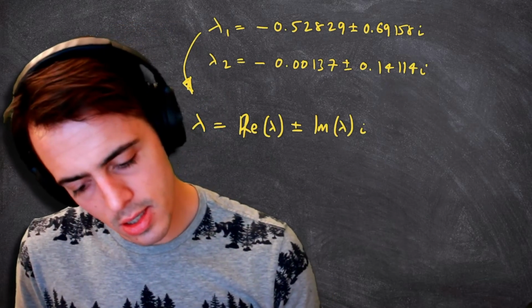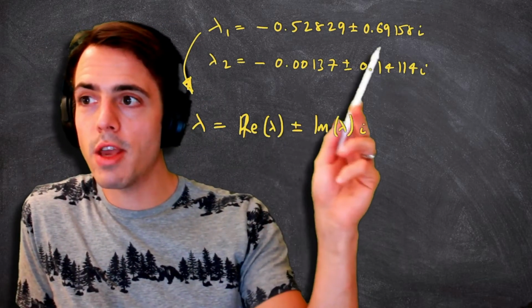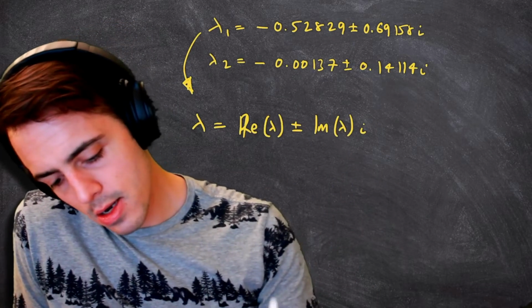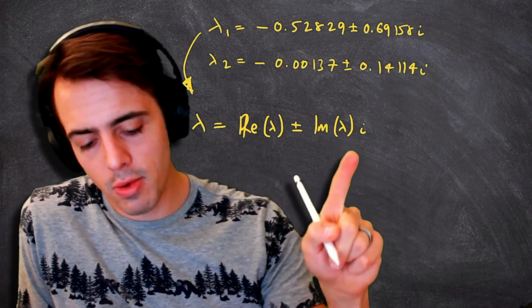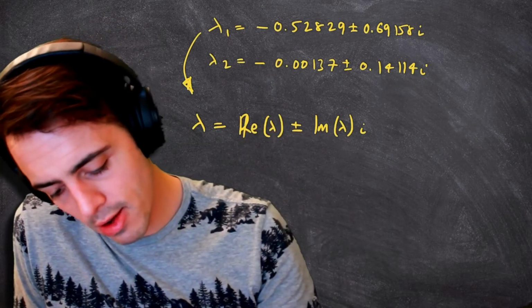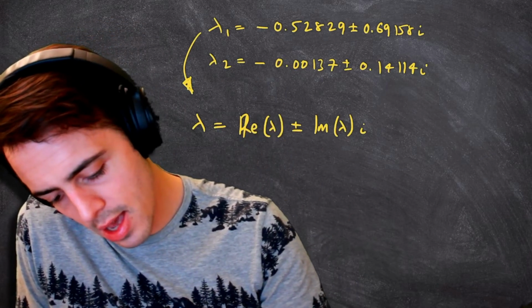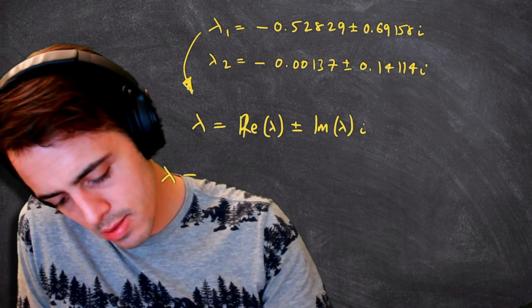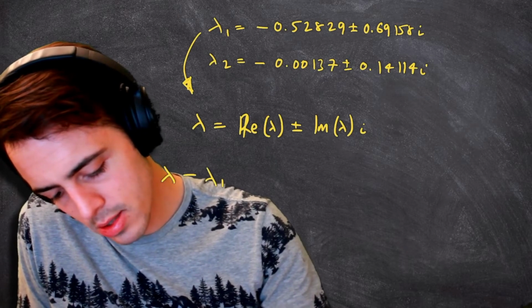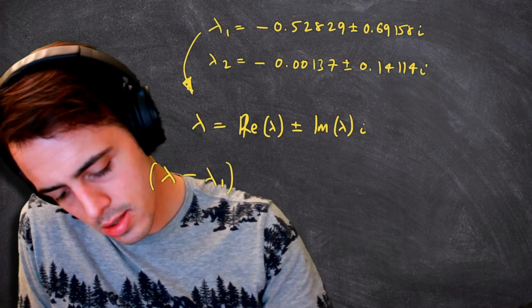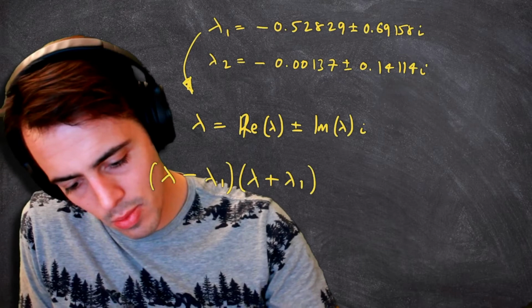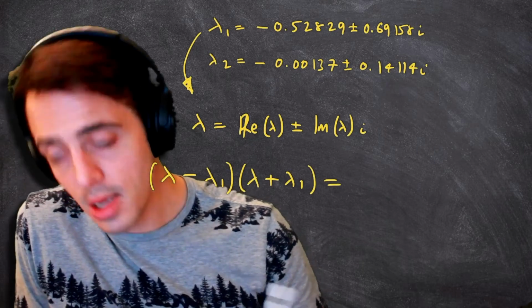If these are my roots of that equation, I could recreate my quadratic equation by saying lambda minus lambda 1 multiplied by lambda plus lambda 1 is equal to 0.